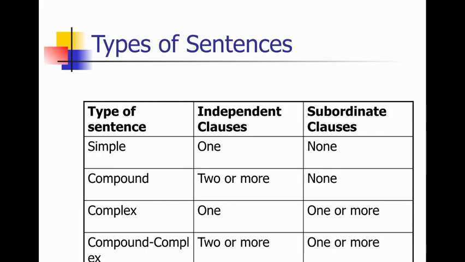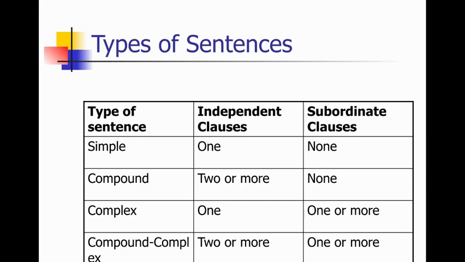Next, we have a complex sentence, which has 1 independent clause and 1 or more subordinate or dependent clauses. And last but not least is the longest, strongest sentence of them all, the compound complex sentence, where you have 2 or more independent clauses and 1 or more subordinate or dependent clauses.